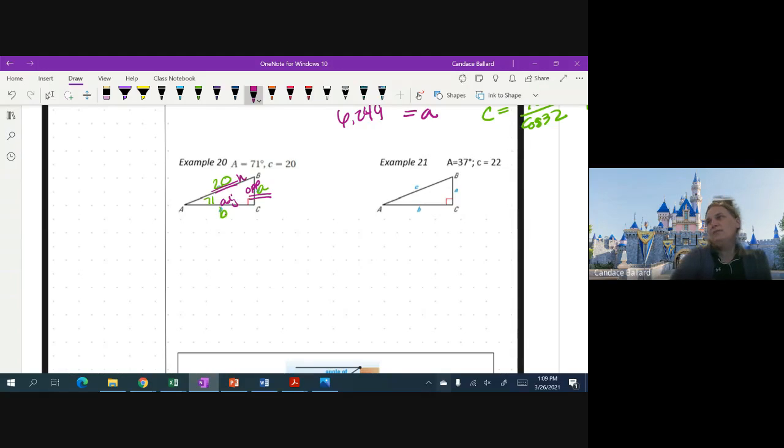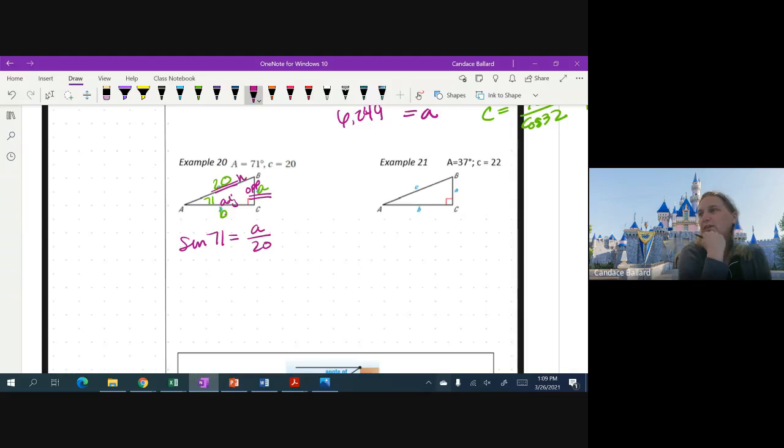All right, I'm seeing a lot of sine. Good job. So sine of 71 equals A over 20. What do I have to do to move the 20? What operation do I need? We're not rationalizing yet.